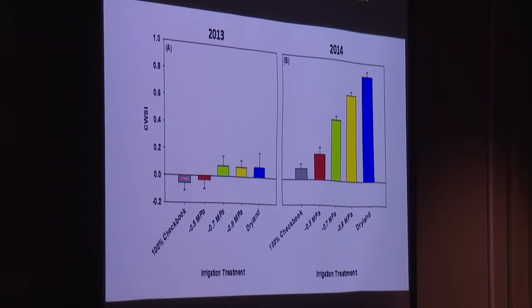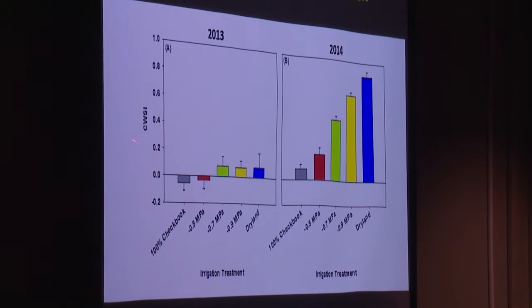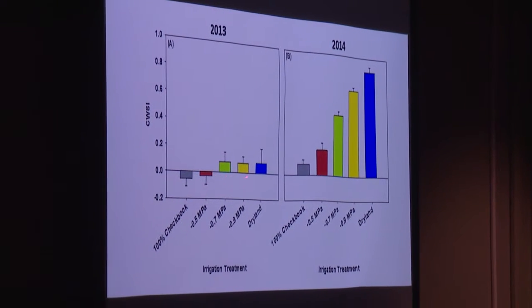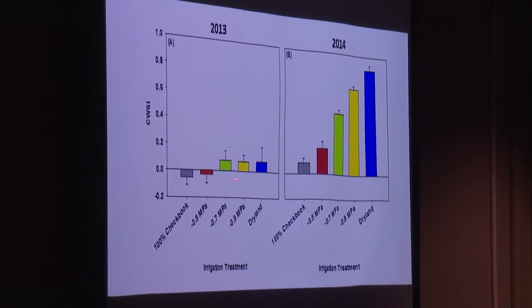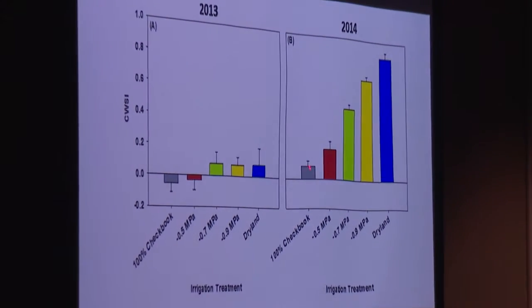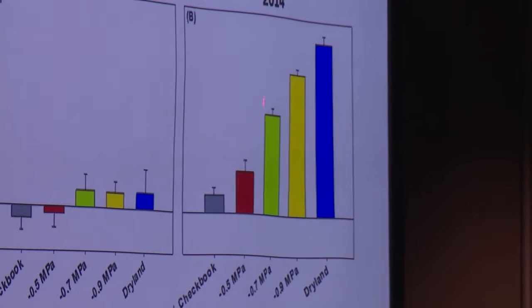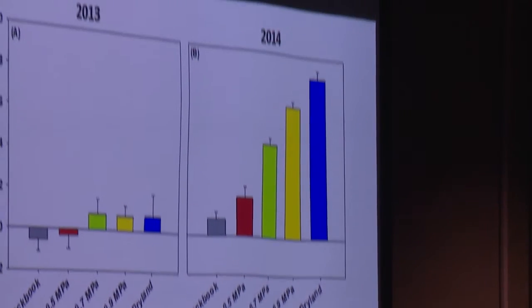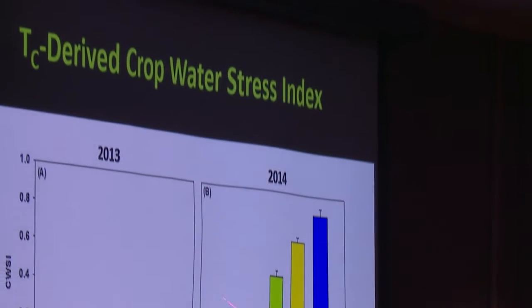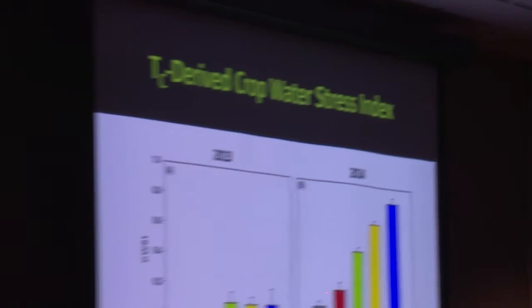If we look at crop water stress index in 2013, there's some variability, but everything kind of hovers around that 0 line. That's where we got all of our rainfall that year. If we look at 2014, you can just see this stair-step increase in crop water stress index. So somewhere in this neighborhood is where we need to be aiming for irrigation scheduling in cotton.